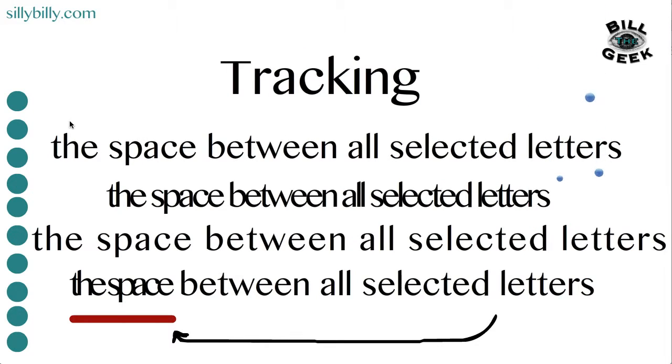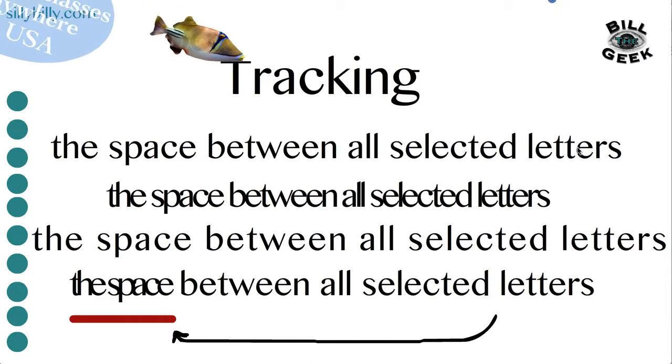Now, tracking. Tracking is the space between all selected letters. Now, we have this text up here. It's the same text down here, but we've applied tracking to the space between these letters. They all come together. And we have this text here.